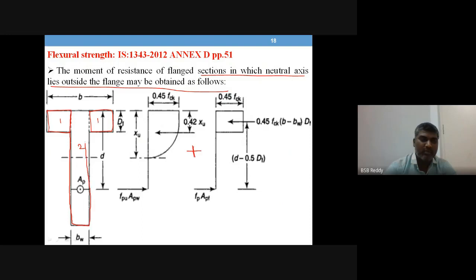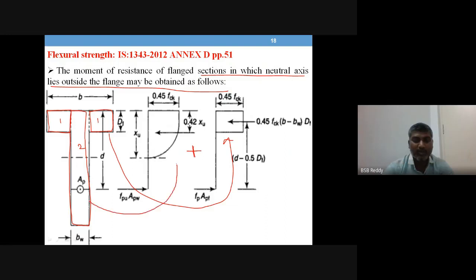So make this into three rectangles. The stress block parameters corresponding to this are this one, and the stress block parameters corresponding to the web are like this. That is how you have to read it.